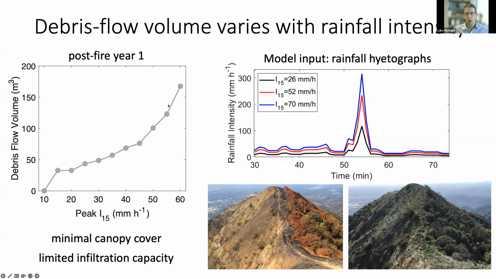Now, these simulations were all run with vegetation and ground cover conditions and soil properties that are associated with immediate post-fire conditions. But of course, these landscapes are very dynamic, and vegetation comes back and soil recovers.